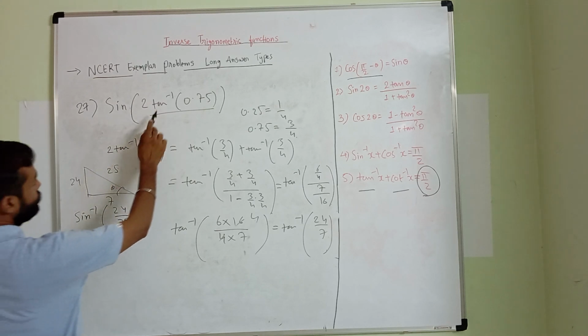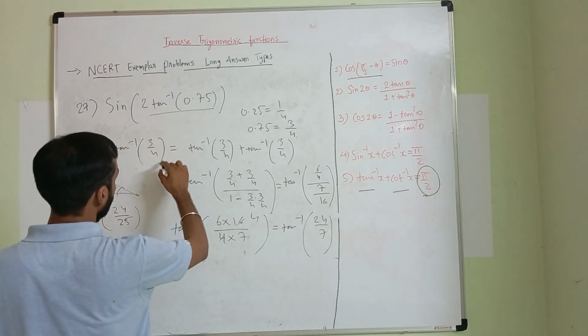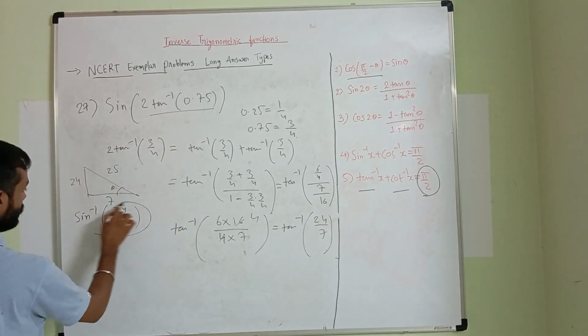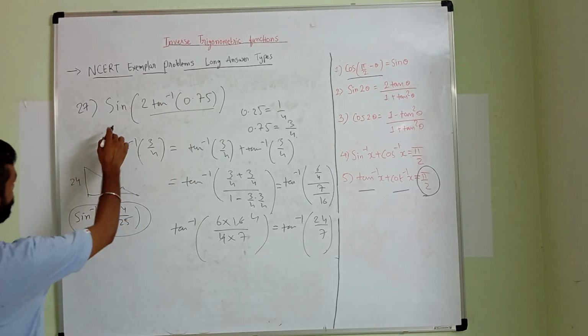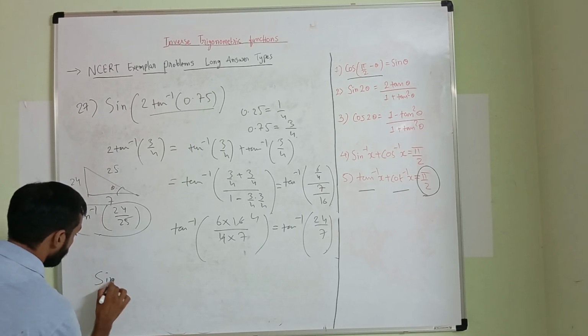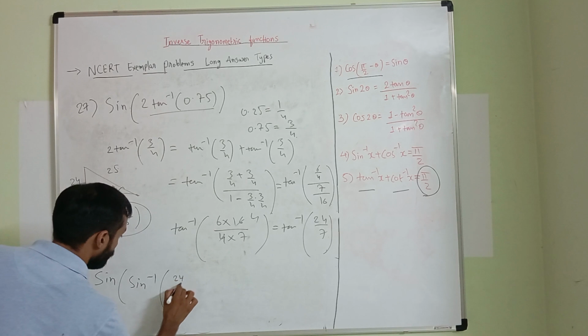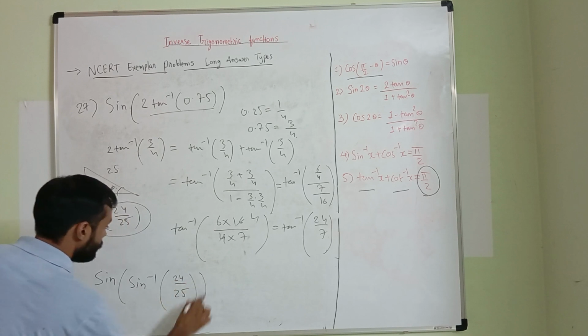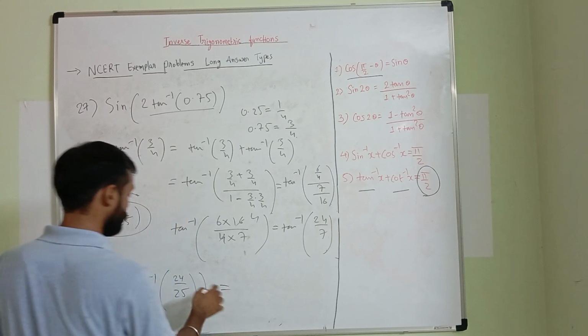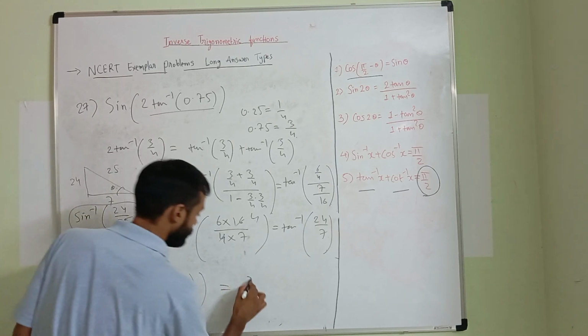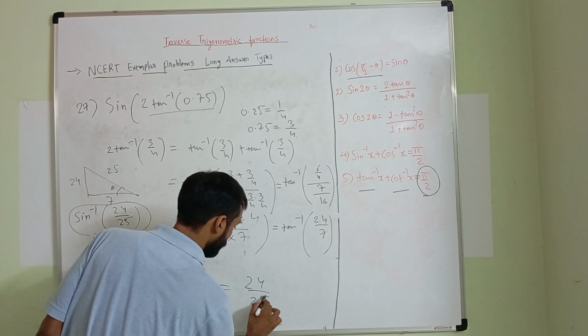So in place of 2 tan inverse 3 by 4, we can write sine inverse of 24 by 25. So our solution will be sine of sine inverse of 24 by 25, and on solving you will get the answer 24 by 25.